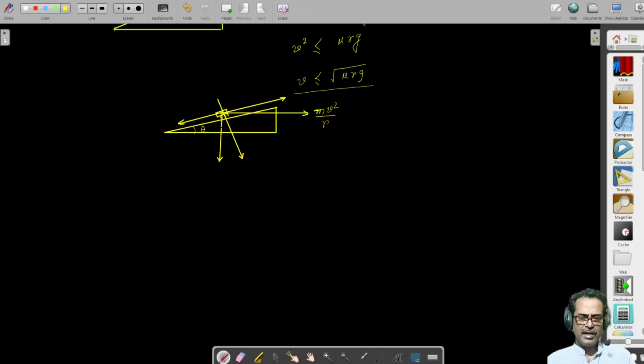Now it is clear this angle will be theta, this angle will be theta.